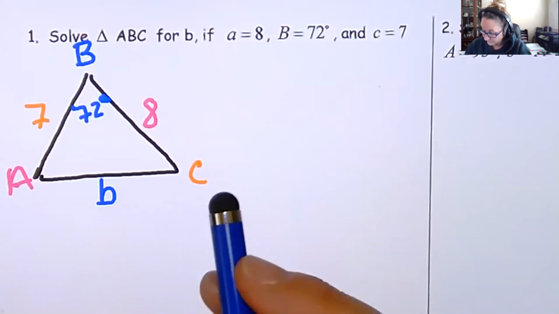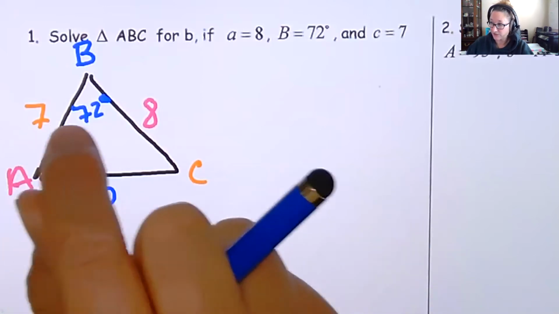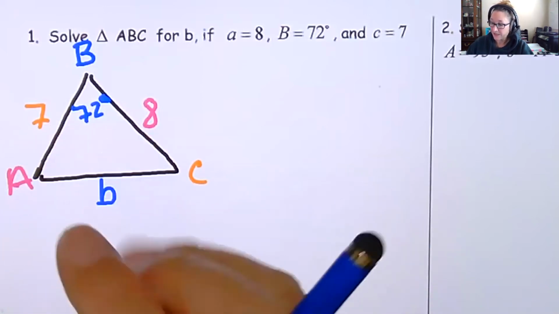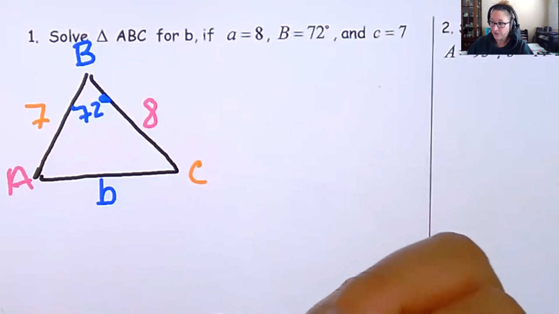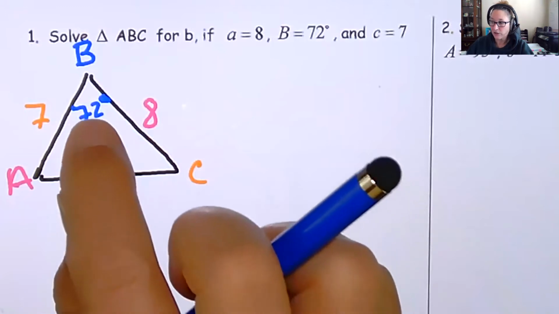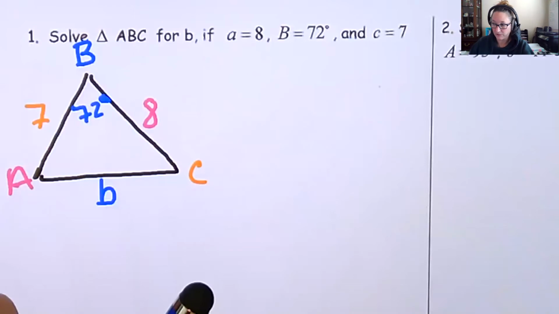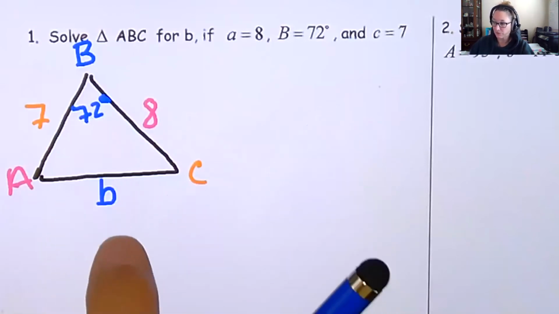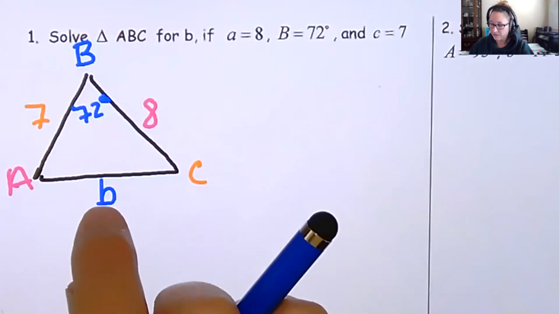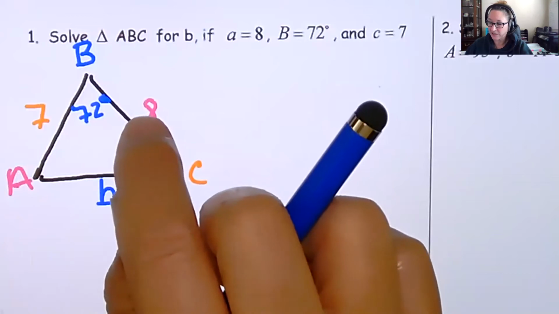So the very first thing I'm going to do looking at this is I know this side, I don't know this side. And if I was going to use law of sines versus law of cosines, for law of sines, I need to know an angle and a side of one of these three. Because we do sine of 72, for example, over side b equals sine of whatever angle A is over side 8.